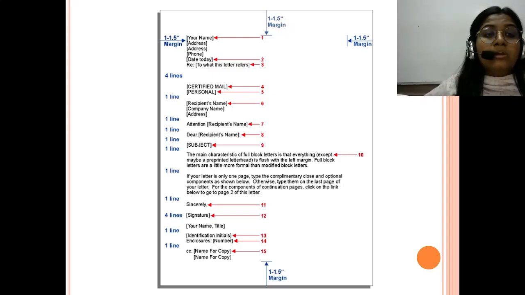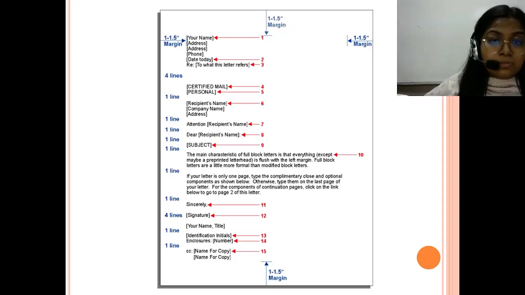First, to inform, to congratulate, to inquire, to order, to request, to collect dues, to complain, to make an adjustment, to sell a product or services. So these are some purposes to write a business letter.